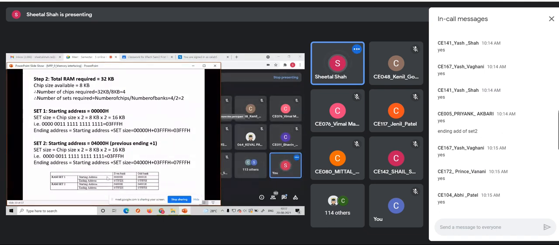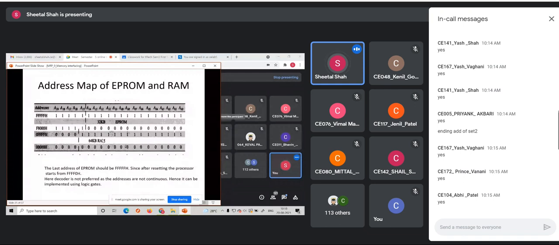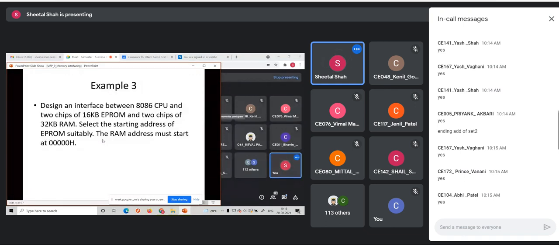Since the size of this RAM IC is 8 kilobyte, that means 13 address lines would be required, and one more for selecting the bank. So total A0 till A13. So those 14 address lines would be required for addressing the RAM IC.